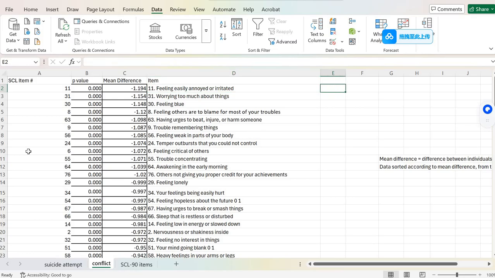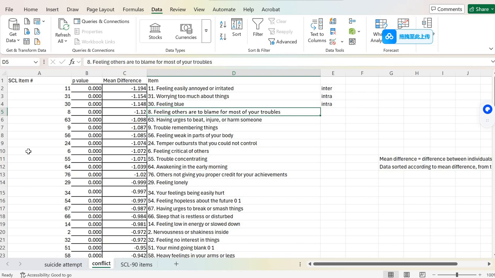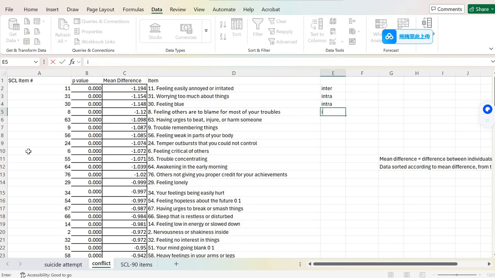You can do some note taking. Interpersonal hostility. And how about this one? Worry too much about things. That's intrapersonal, self-directed. And feel blue, that's intrapersonal. Feel others are to blame for most of your troubles. That's definitely interpersonal.